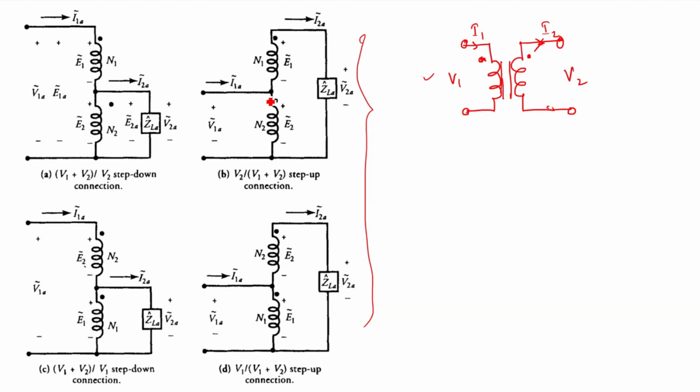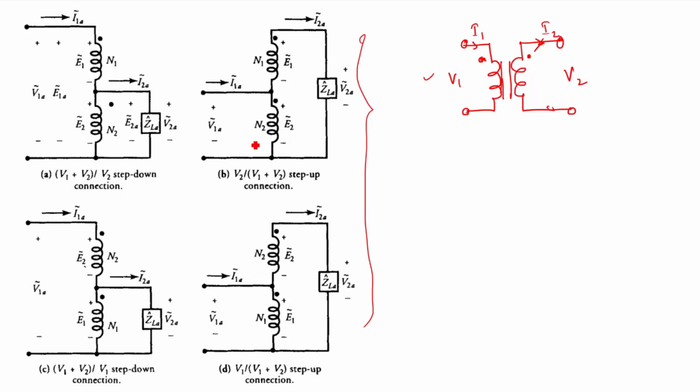So these configurations that we are seeing here are all under ideal condition, because we are neglecting the resistances of the winding, the leakage reactances of the windings, and also the core loss component and the magnetizing reactance, right?